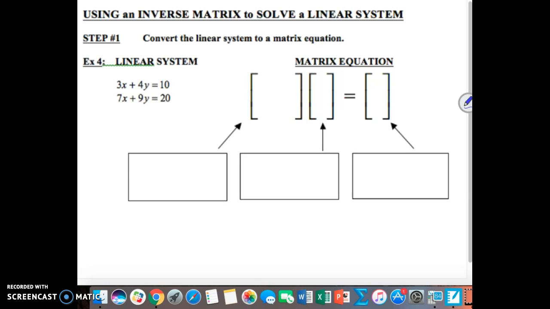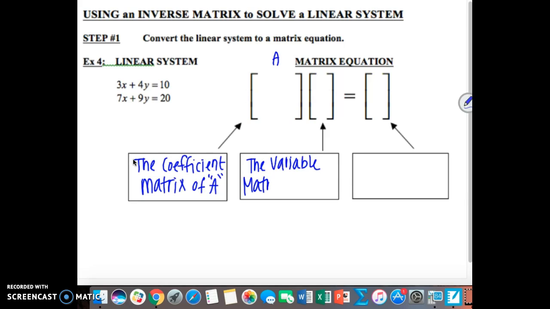So the first matrix you see on the left is called the coefficient matrix A. This is just what the matrix is called, matrix A. The middle matrix is going to be the variable matrix X, and X is just what we call the middle matrix.